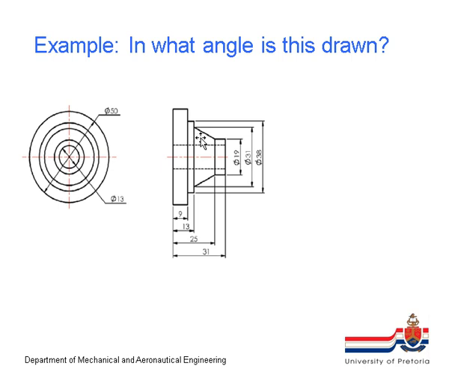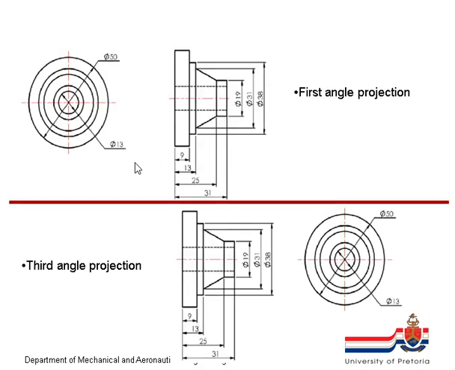Now, as I just explained it, this view is that component seen from the right, meaning this is actually a right-hand view placed on the left-hand side. That means it is in first angle projection. The right-hand view is placed on the left-hand side. If I place the right-hand view on the right-hand side, it is called third angle projection.